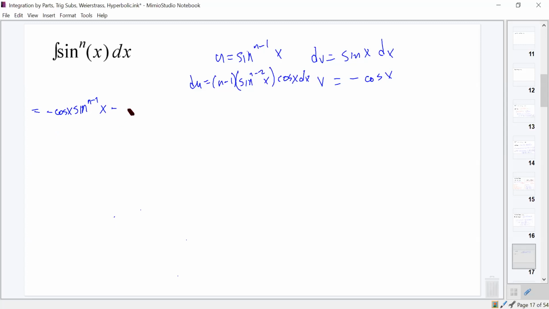So there's going to be a minus sign, right?